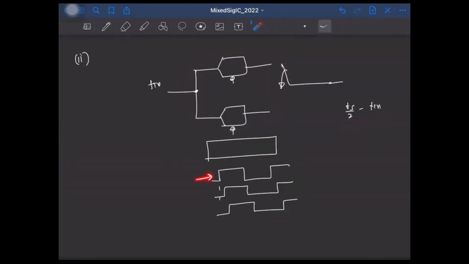So you can choose the multiple phases of the clock and see for which of them you get the minimum strength for it. But of course, in practice, you will have both gain error and this timing skew error. And remember that even the gain error will result in a tone at Fs by 2 minus Fin. Okay, so in that case, we can probably first correct for the gain error, right?